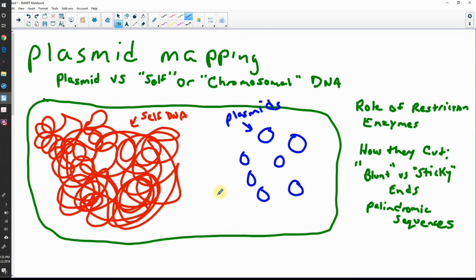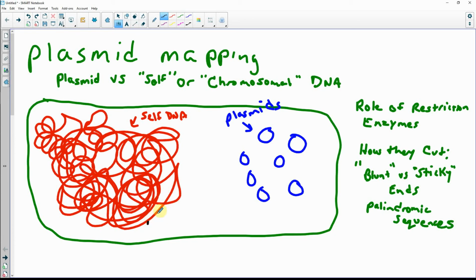So the idea here is that we've got two types of DNA in a bacteria. Now, how does the bacteria tell the difference between the two? The easy answer is, whenever the bacteria performs binary fission, whenever it divides itself, there's an enzyme, and don't worry about what the enzyme is, that comes on when the bacteria is copying its own DNA.